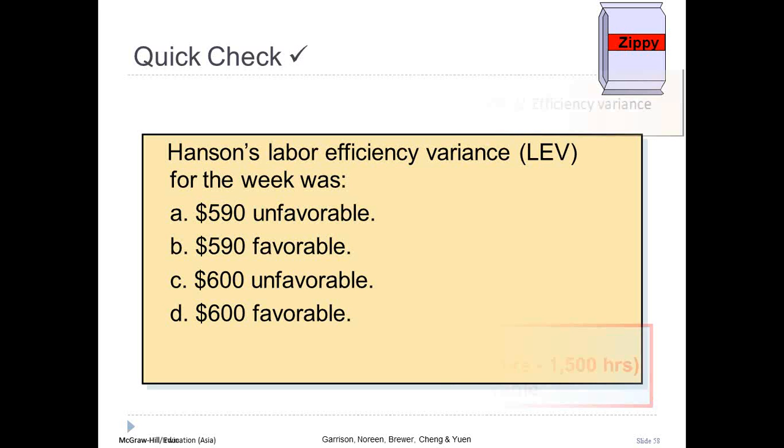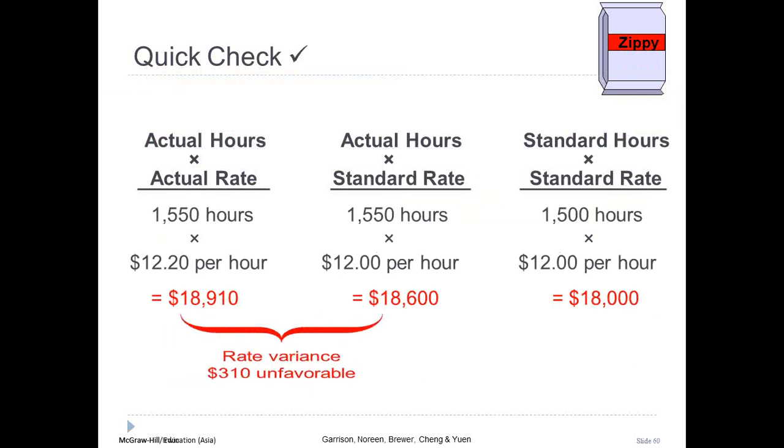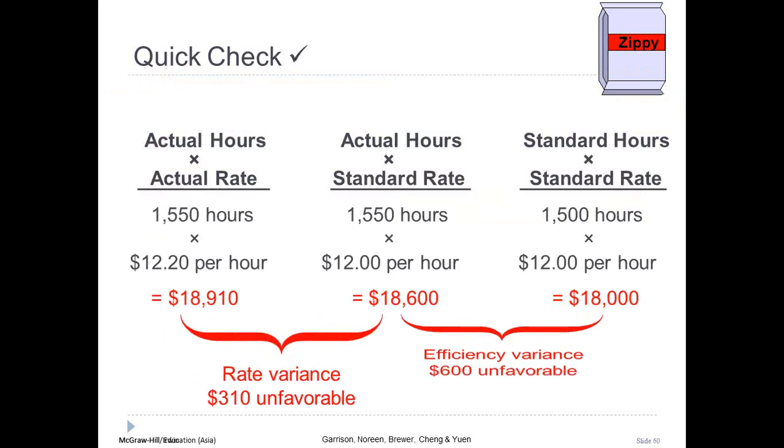The $600 unfavorable labor efficiency variance results because Hansen's employees worked 50 hours more than standard to make 1,000 zippies, and each hour of labor has a standard rate of $12. So let's do a quick check. Here we see a summary of the labor rate and efficiency variance computations in a convenient 3-column format.